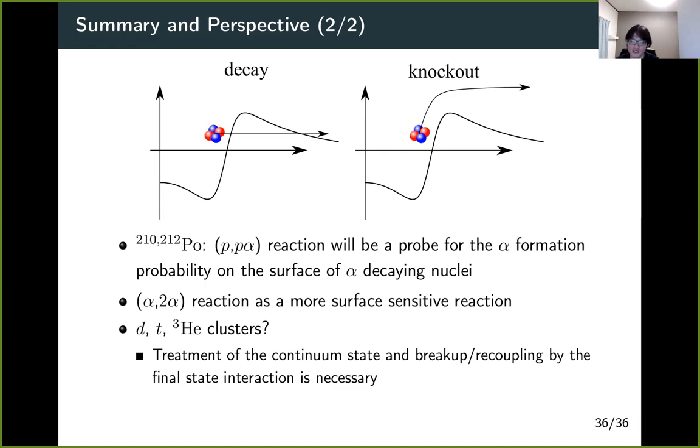So the treatment of the continuum states of these few-nucleon systems, and the breakup effect and recoupling effect of them, because of the final state interactions, have to be treated very properly. And maybe CDCC or something like that will be an important framework to describe such reactions.